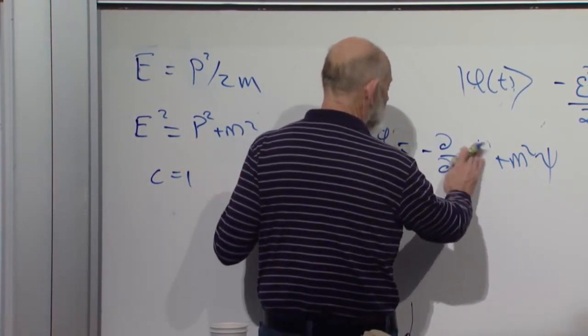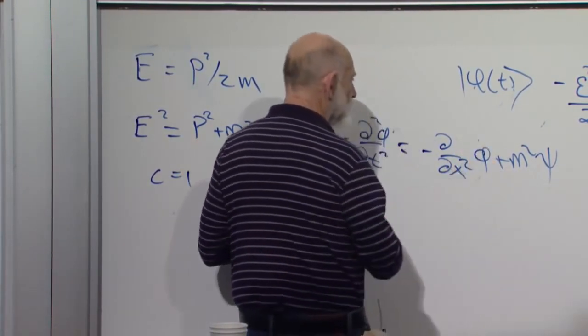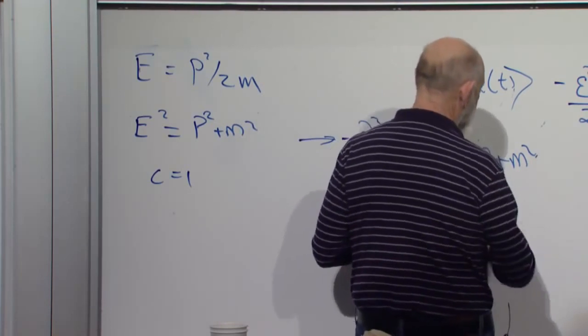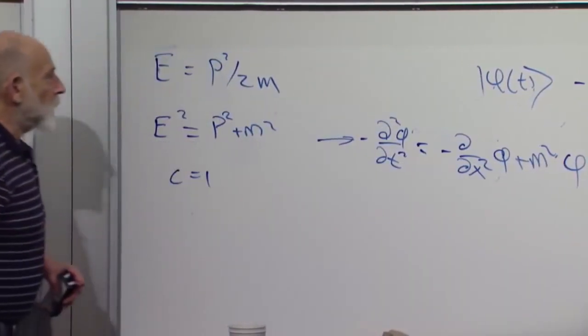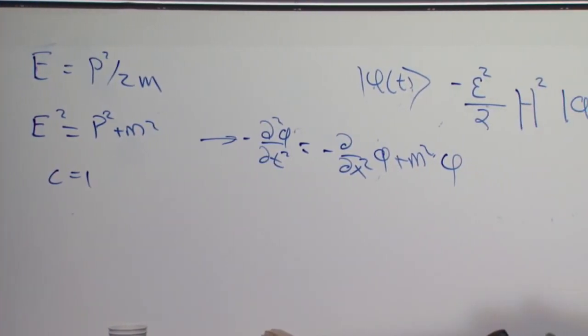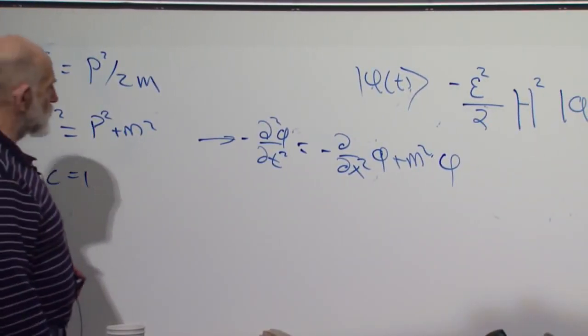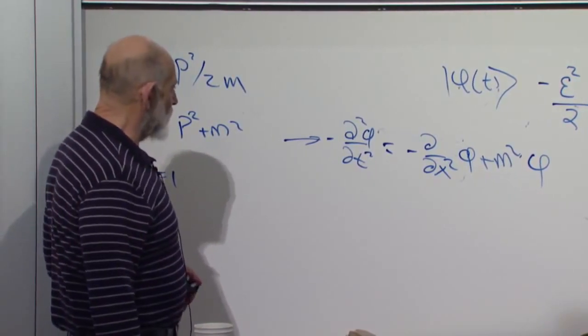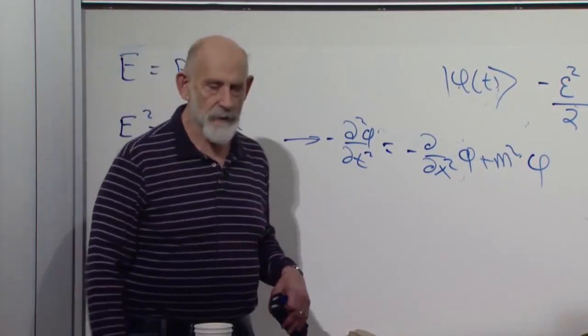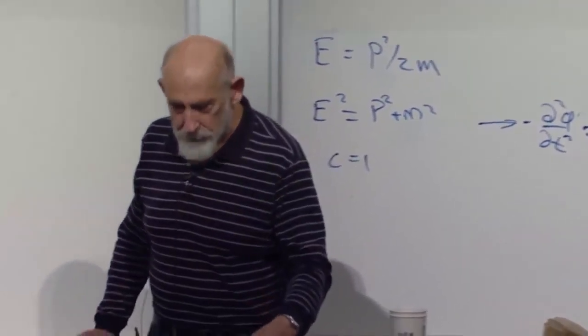Doesn't matter, whatever we call it. The wave function of the electron, or the wave function of something. Anybody know what the name of this equation is? Yeah, that's right. That's the Klein-Gordon equation.